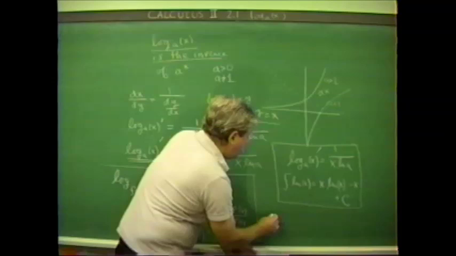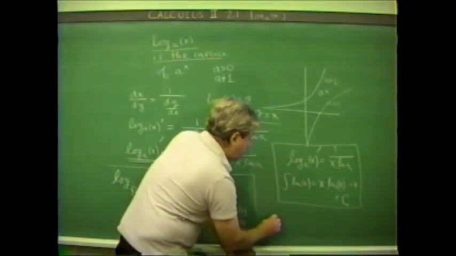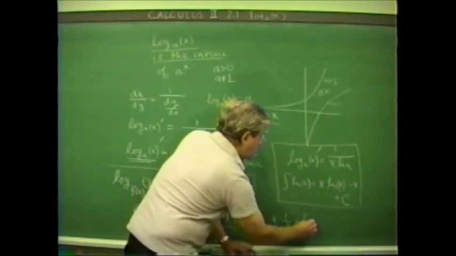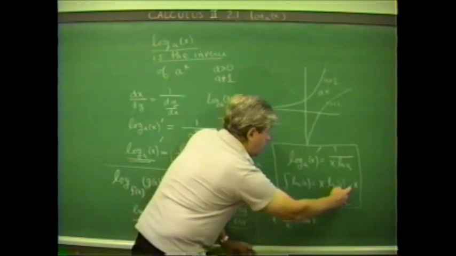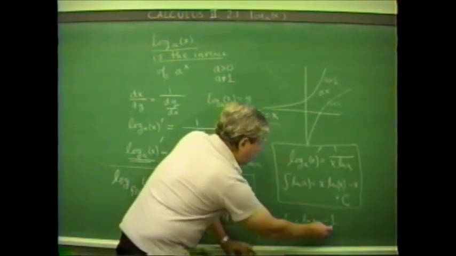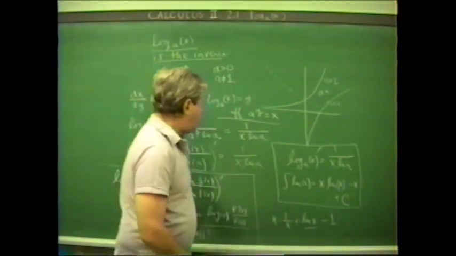The derivative of this is a product, so it's the first times the derivative of the second, plus the second times the derivative of the first, now minus the derivative of x, which is 1, and so we get 1 minus 1 plus log x. So here's the antiderivative of log x.